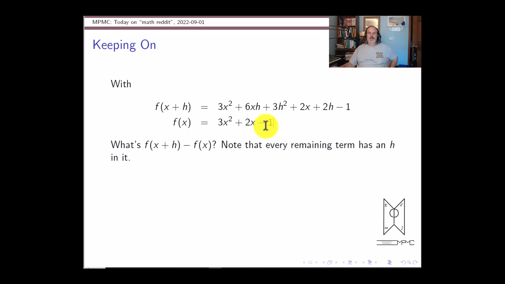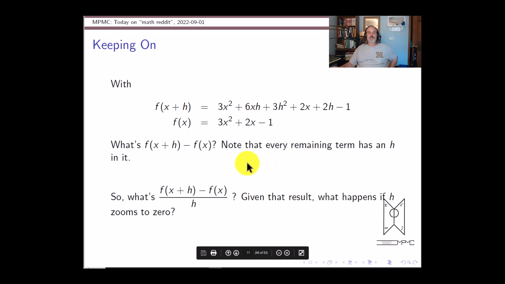The minus 1 and the minus 1, gone. The only terms that are going to survive are the 6xh, the 3h squared, and the 2h. Every surviving term in f of x plus h minus f of x has an h on it. And so what happens when we construct f of x plus h minus f of x over h? Some of those h's cancel out.